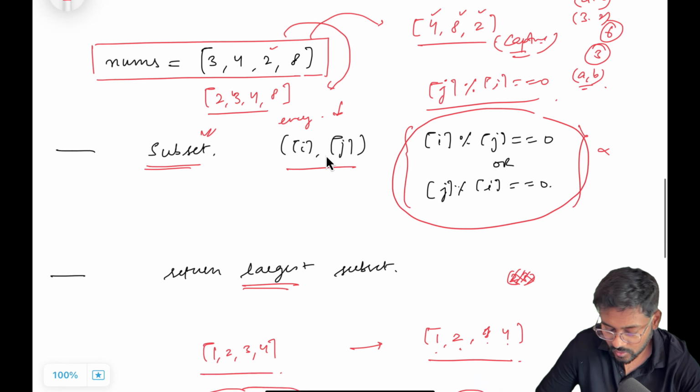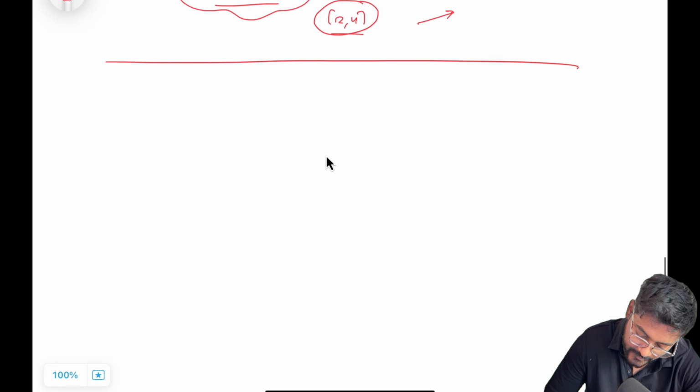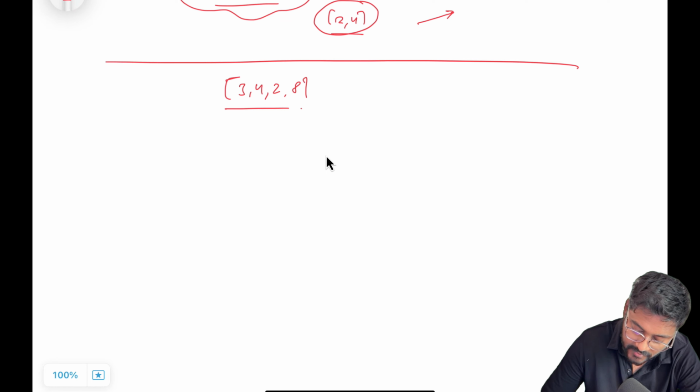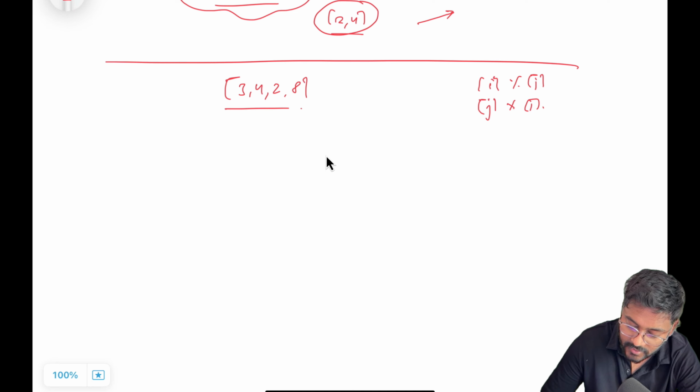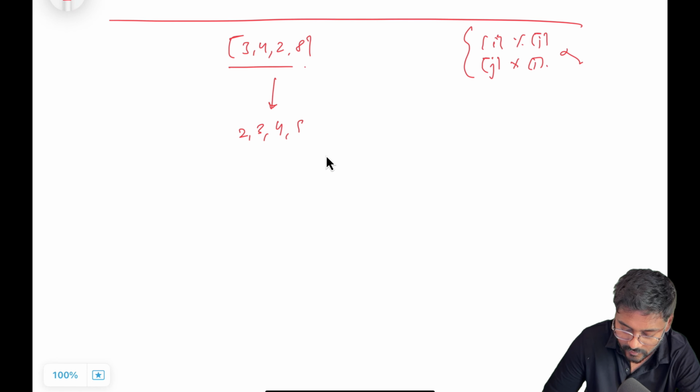Our nums array was 3, 4, 2, 8, right? In this case there were two conditions: either i is divisible by j or j is divisible by i. But to remove the confusion, we can easily sort this array in n log n time: 2, 3, 4, 8.